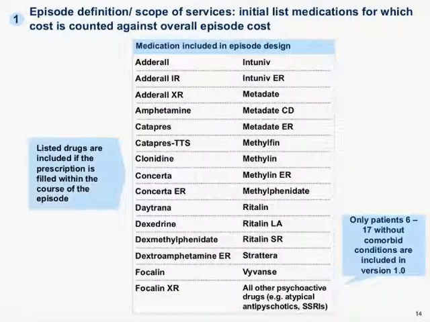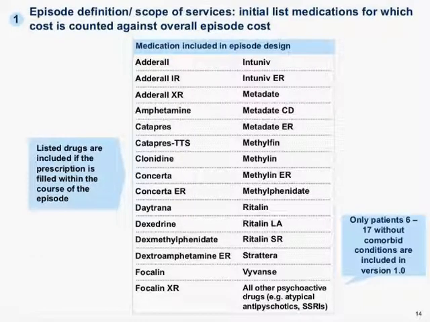And now Dr. Miller will discuss more about the medications as it relates to the episode. Here we have the initial list of medications for which the cost is counted against overall episode cost. As we've been saying, the primary treatment for ADHD, evidence-based treatment, is medication.